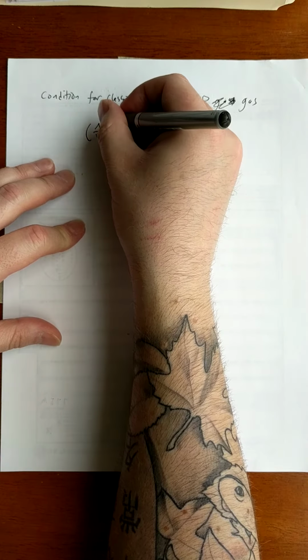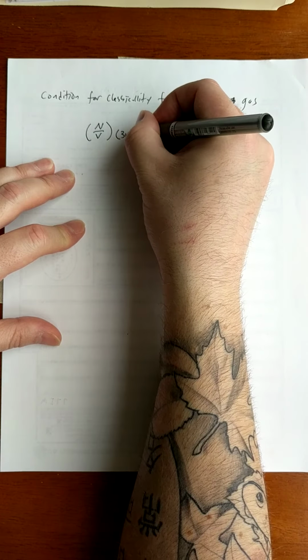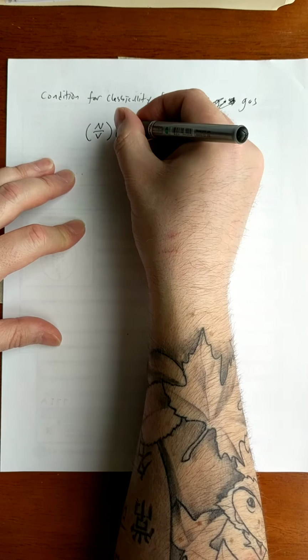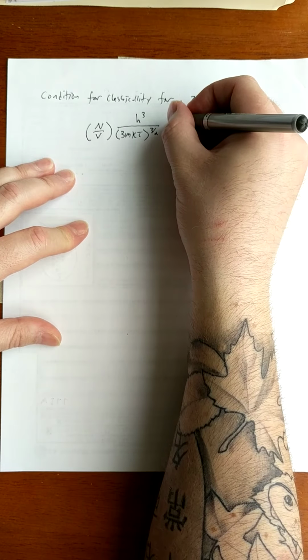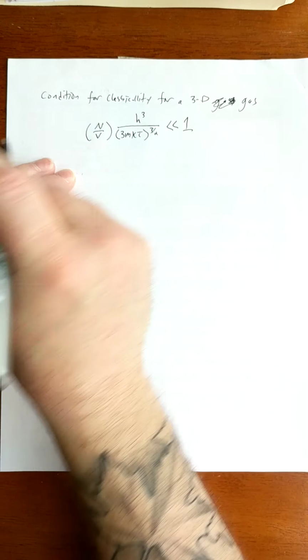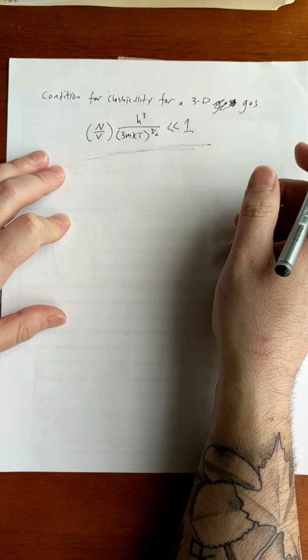So N over V times (3mkT)^(3/2) under h cubed, much less than 1. As long as this holds true, we have a classical gas.